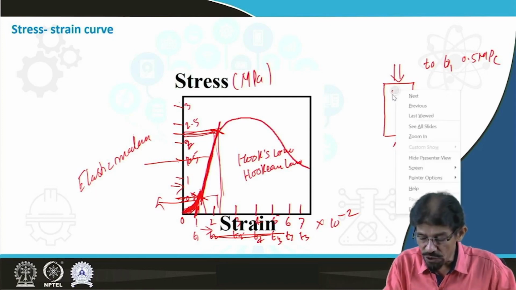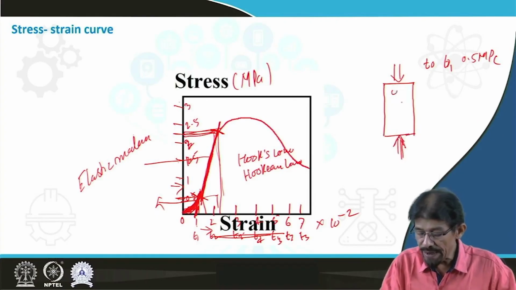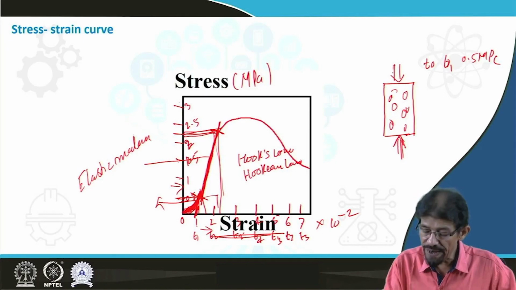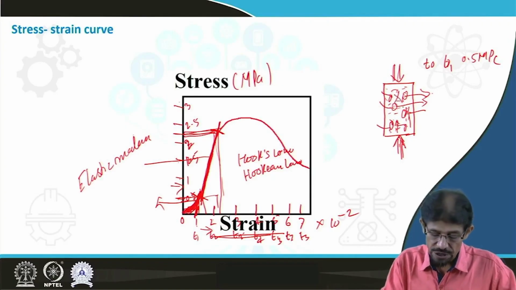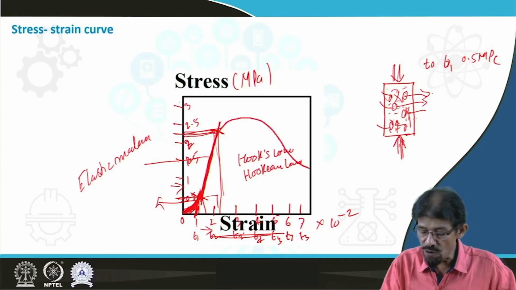For example, any rocks, particularly sandstones having some grains, some voids and others, when we are going to compress this, initially some of the constituents move towards each other, and due to collapse of such gaps in the form of voids or cracks or others, the samples initially enhance stiffness.